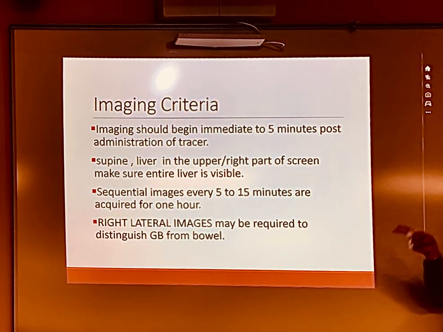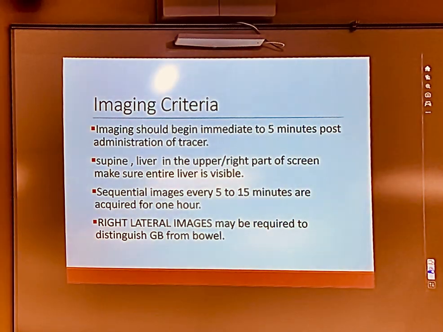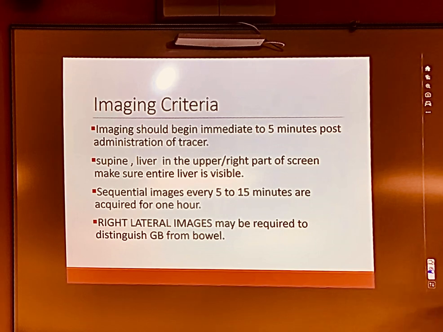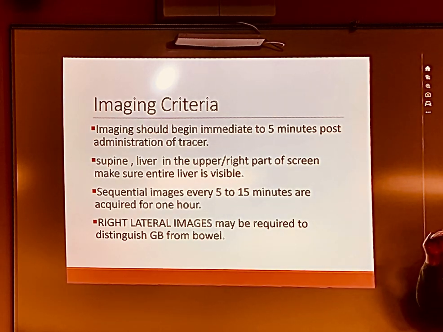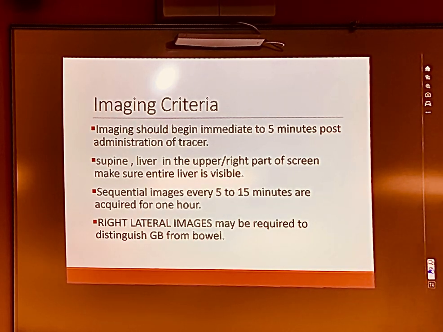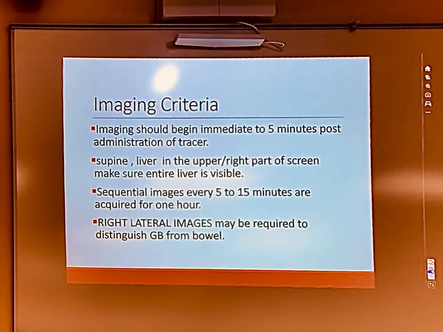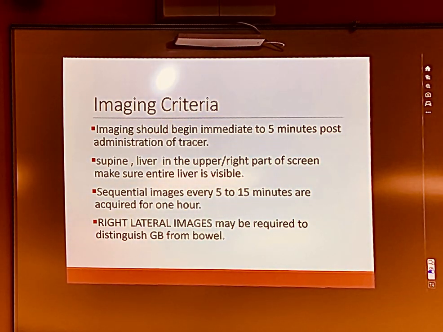What's the difference between serial imaging and sequential imaging? Serial is a dynamic. It's one after another, after another, after another. Sequential just means over a period of time, right? So sequential images are static images that are acquired every 5 to 15 minutes for 1 hour.